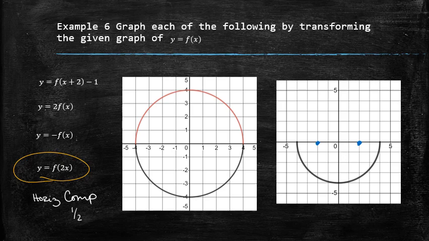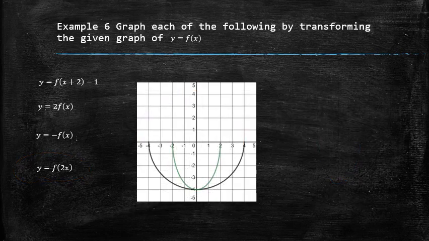This time the y-intercept stays as it is. Then we'll just sketch this graph. The graph that we originally had in black, it's like I'm just pushing it, compressing it together. And so we get this half oval shape there. Okay, so there it is graphed with Desmos.